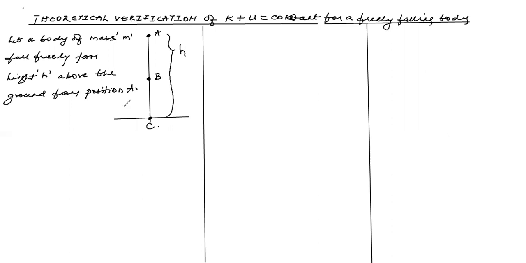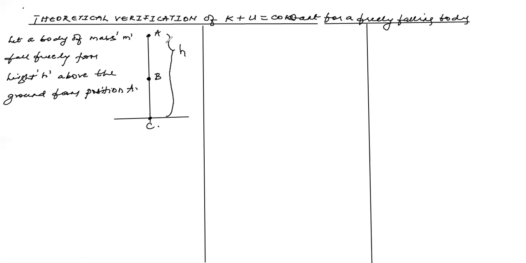Got it? Now remember one thing. As the body falls freely from A, the potential energy of the body keeps on decreasing, but its kinetic energy goes on increasing. Got it?